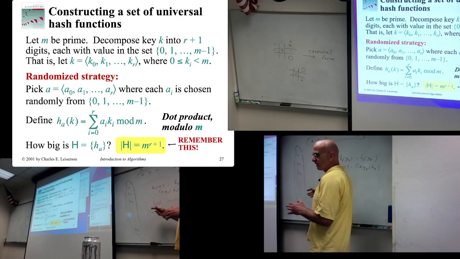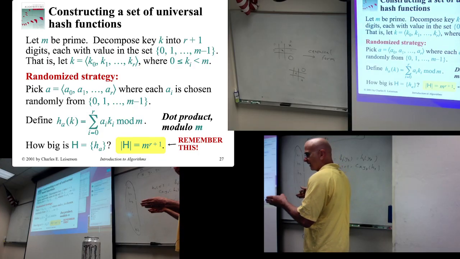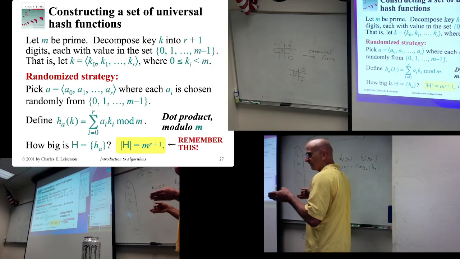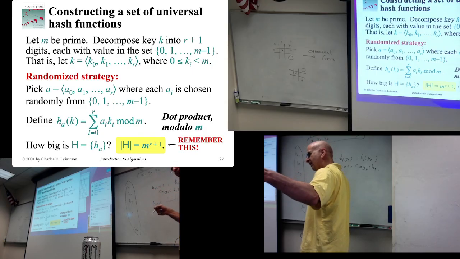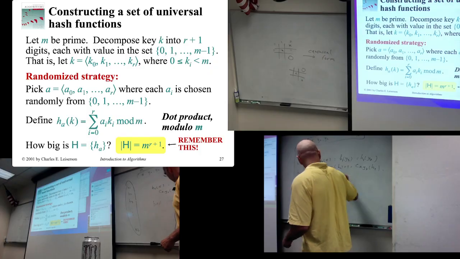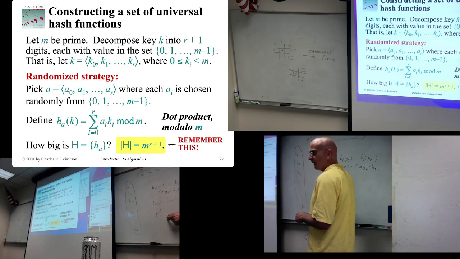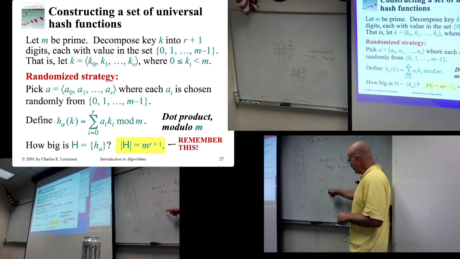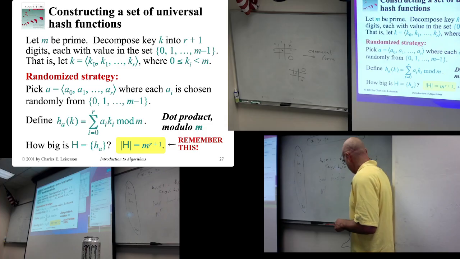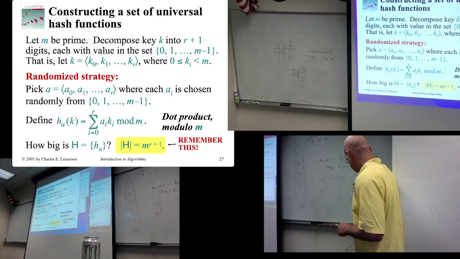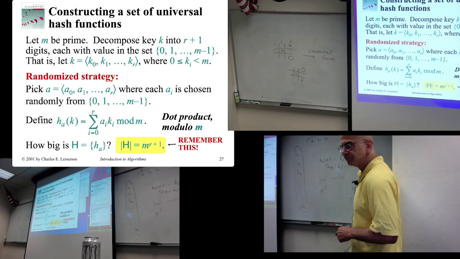I only have free choices for R values, but once I picked R values, then the R plus 1 value is uniquely determined, so the bad functions number m to the power of R. What's the probability of picking one bad function? It is m to the R divided by m to the R plus 1, which is 1 over m.